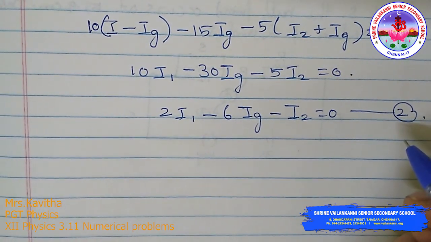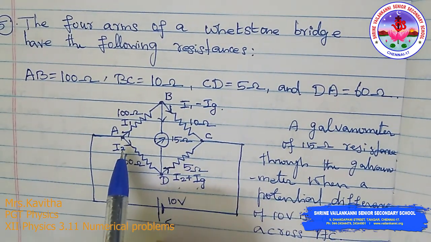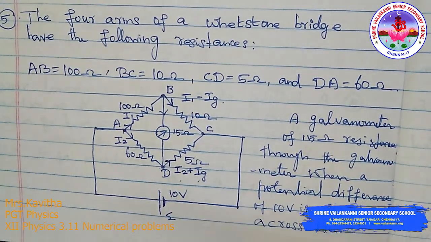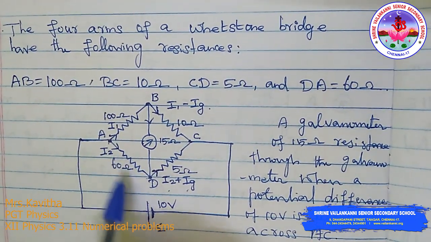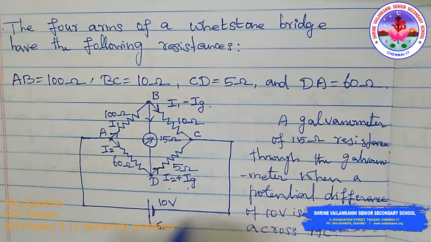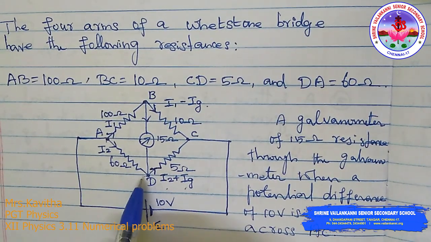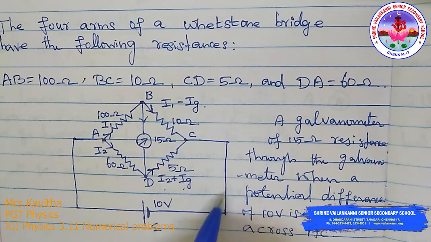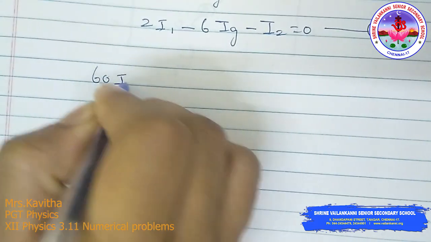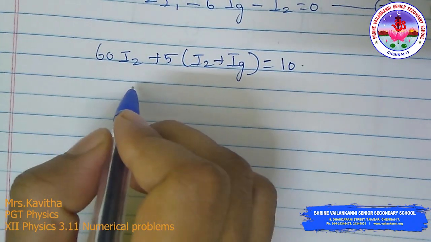Then we can consider the loop ADCEA. For that we have to take these two legs: 60 I2 plus 5 into (I2 plus Ig) equal to 10.